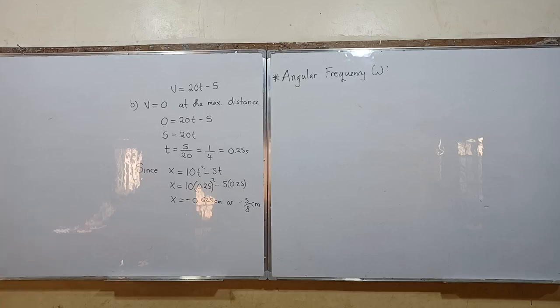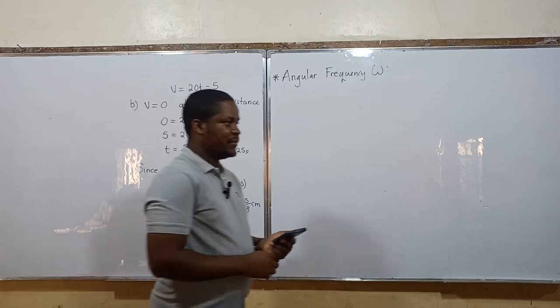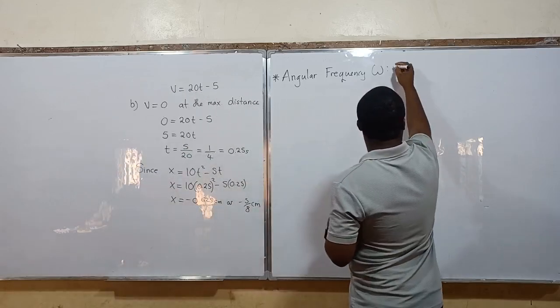Remember, we're just breaking down the notes. I already sent you the notes, so we're just trying to break them down. Let's start by saying angular frequency is measured in radians per second.